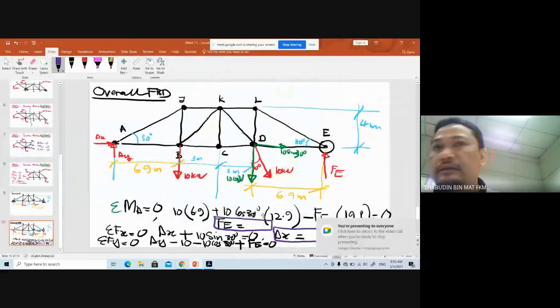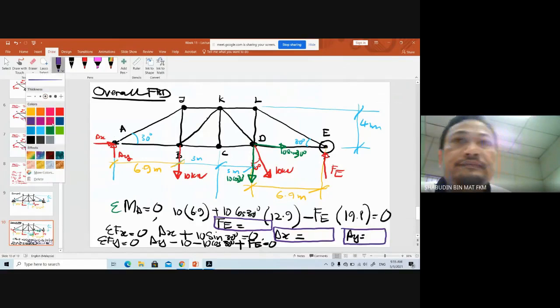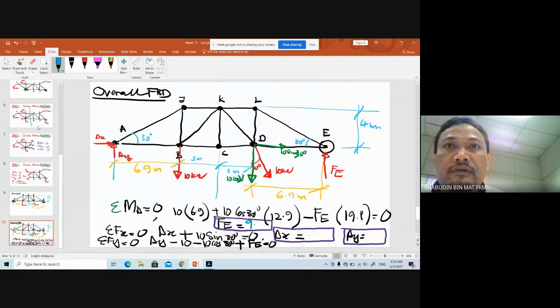So FE is equal to 9.1 kilonewton. AX is negative 5 kilonewton.